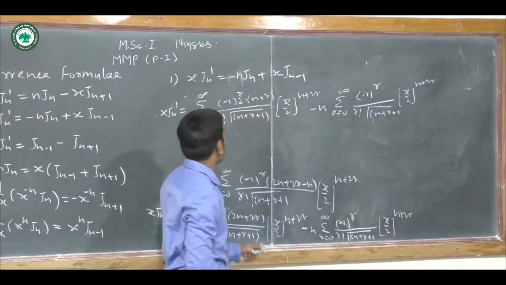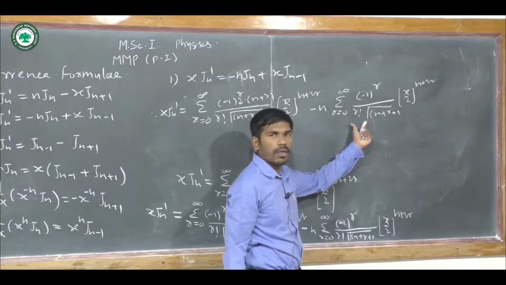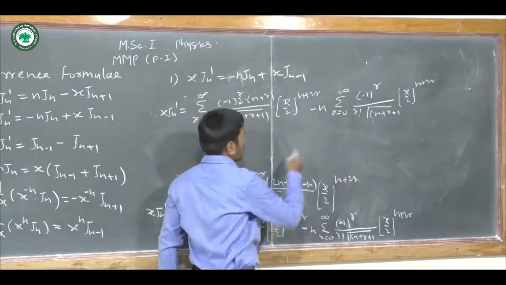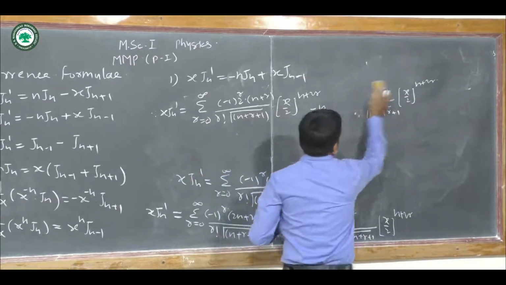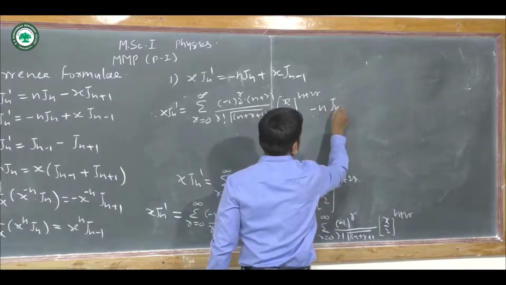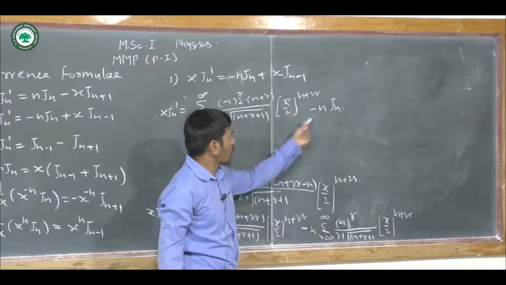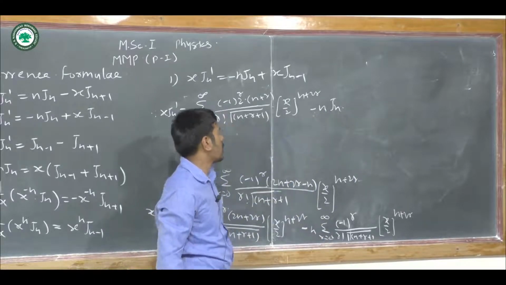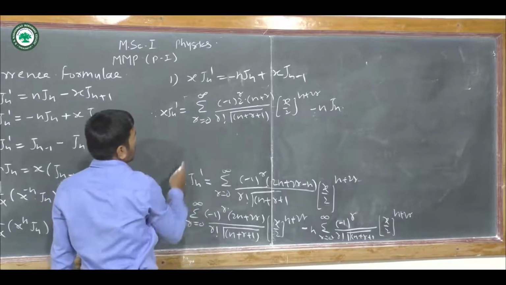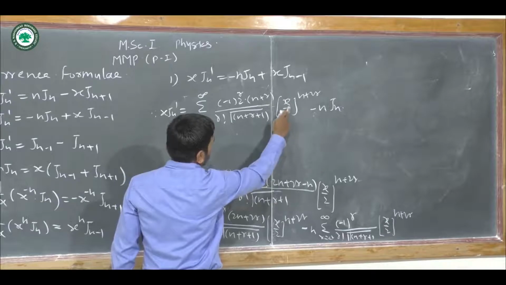If you observe, this is nothing but Jn, so we can write minus n into Jn. Now from this we can take out the common factor, that is x by 2.